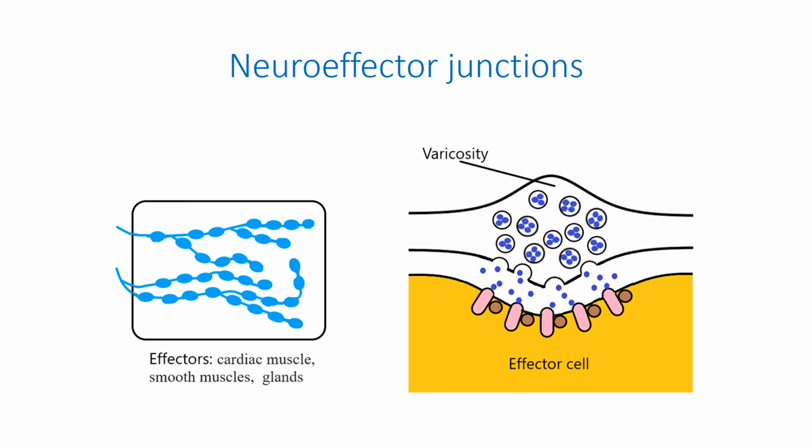Cell membranes of effector cells possess corresponding receptors which are mostly G-protein coupled metabotropic, but there are some ionotropic receptors as well. Unlike the neuromuscular junctions, the junctional space in neuroeffector junctions is open to the extravascular space.